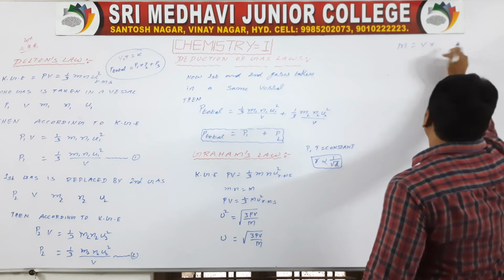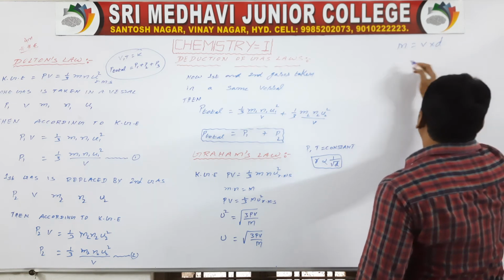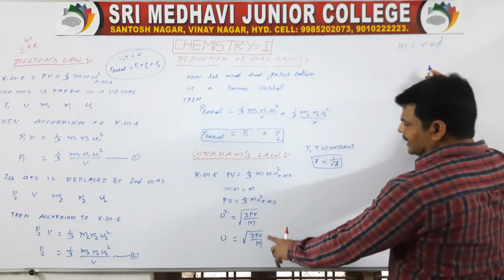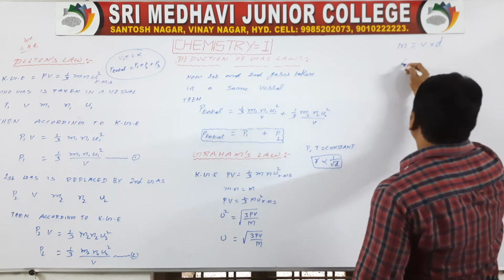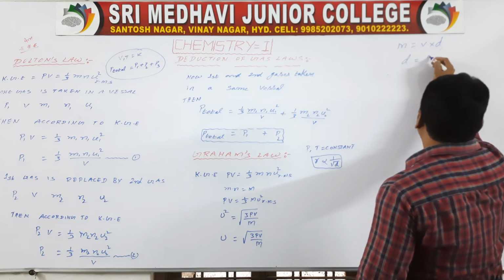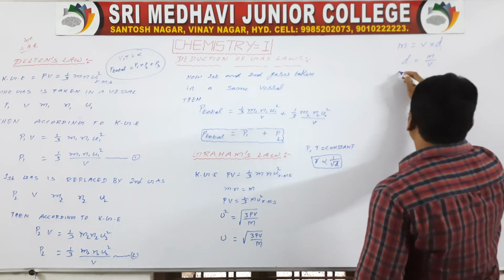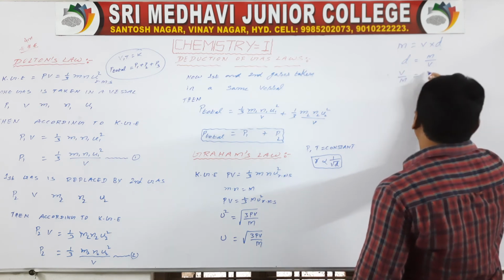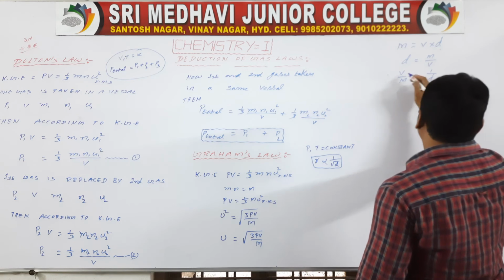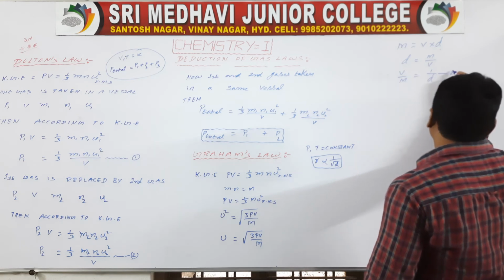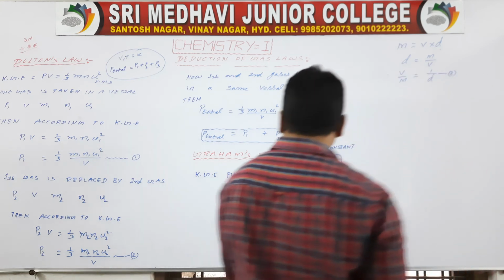It is the relation you have to know. And then we want D. So D equal to M by V. But here we have V by M. So V by M equal to 1 by D. So this is equation 2 and that is equation 1.